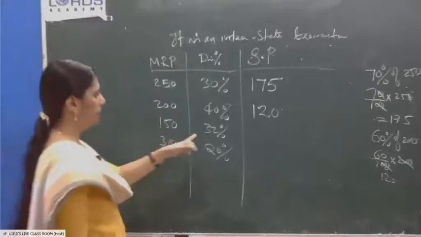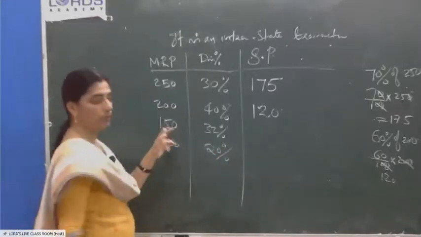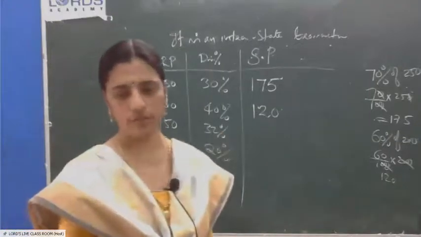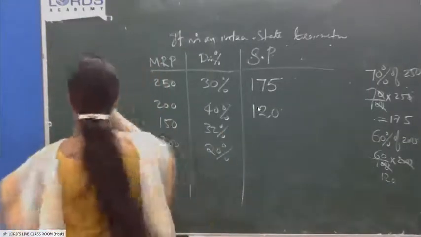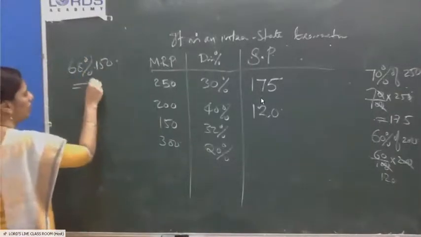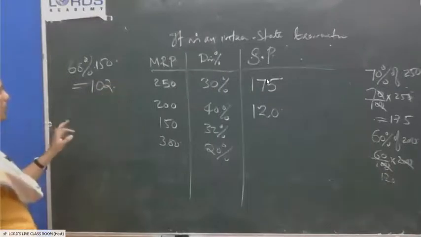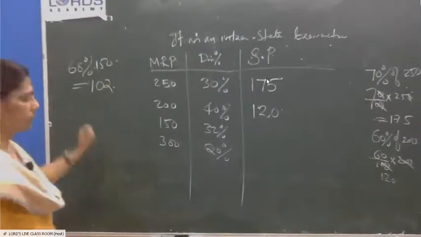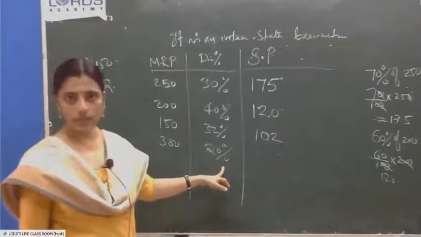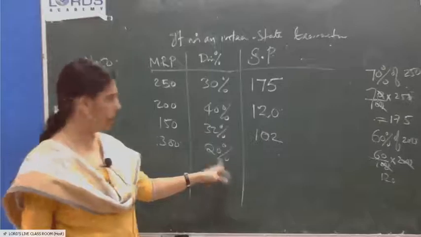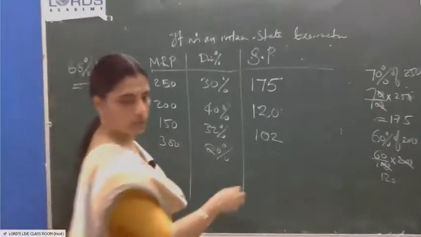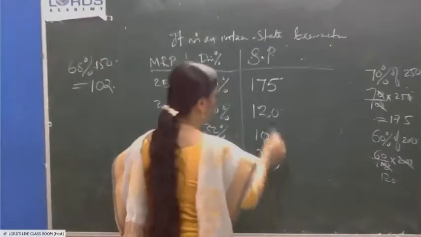So you find 68% of 150. 68 by 100 into 150 you will get 102. That 102 you write here. Last one, 20% reduction means 80% of the cost price you have to give. 300 into 80 by 100, you will get the answer as 240. Okay, so this is the sale price.